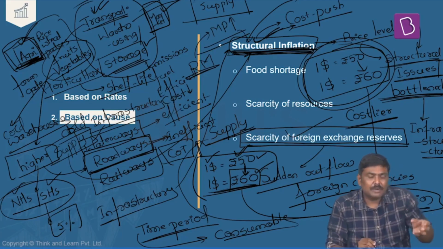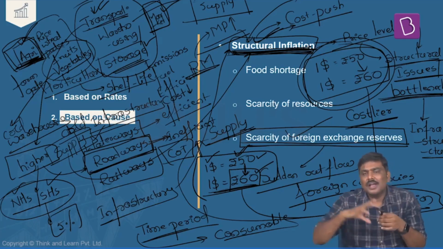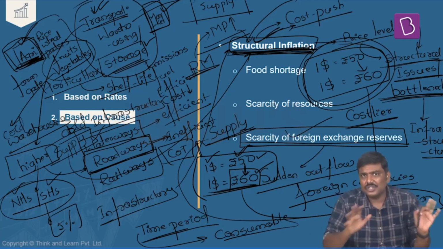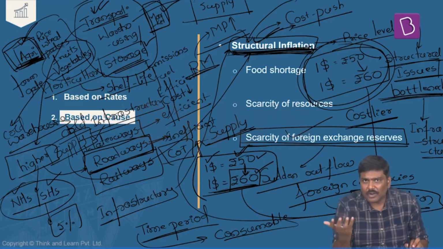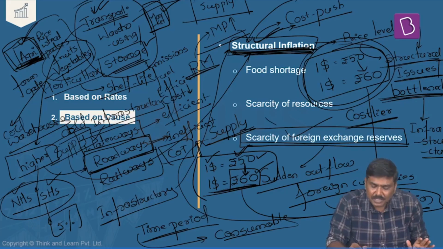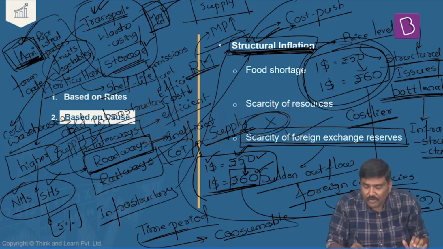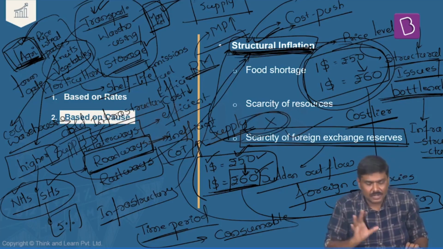But please understand, we are putting this under structural inflation because whenever this happens, RBI tries to intervene in the market and adjust the exchange rate. But if RBI doesn't have a sufficient amount of forex reserves, this adjustment cannot be done by RBI. So if there's a scarcity of forex reserves, that might add to structural inflation like this.